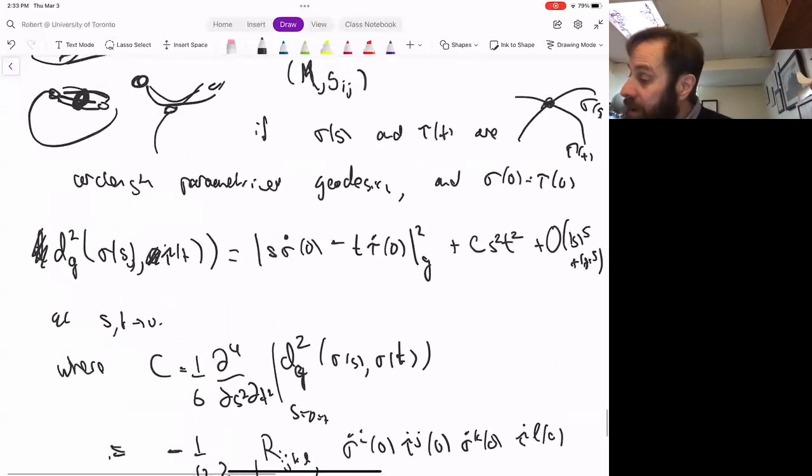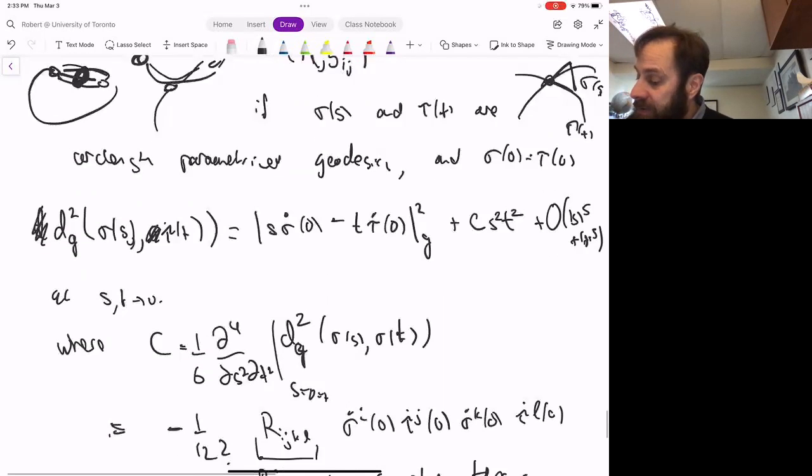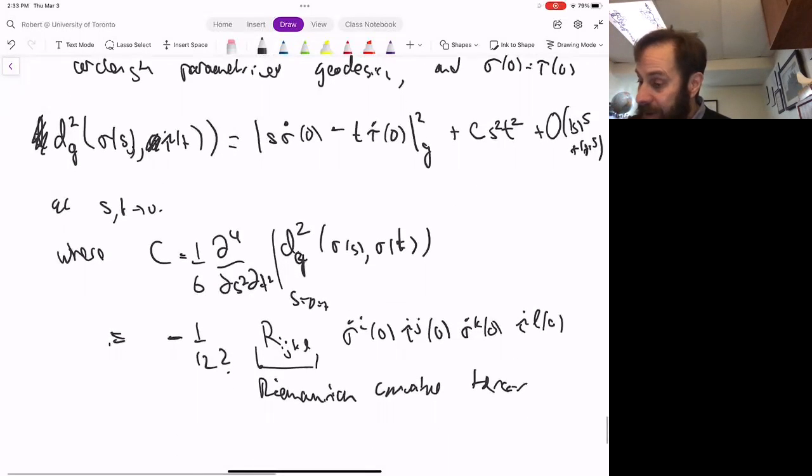And what it's measuring, in some approximate triangle here, is how close this triangle is to satisfying the Pythagorean law. Pythagoras would tell you that the distance between these points is exactly this.